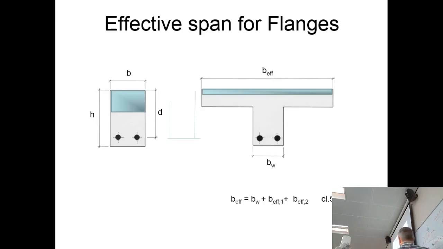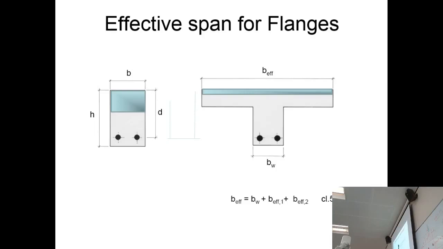Dimensions: B, width; D, we've covered that. H is the overall height of the concrete beam. This is why you need to know your cover first. Once you know your cover distance, it's just a matter of D plus half the bar plus your cover that can give you H. You can have beams with flanges either side, such as this. Reasons for doing that is that you're adding more concrete to the top, so you're increasing the compressive strength of the beam.